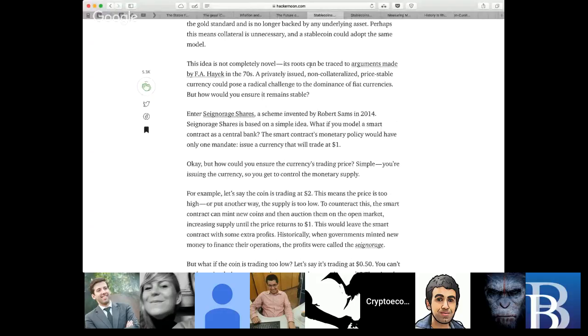If you issue a token which has to be stable by design but without any collateral, and the price of the stablecoin goes above or under what should be considered stable, like $1, then you modify the supply of money by minting new tokens or removing tokens from circulation.